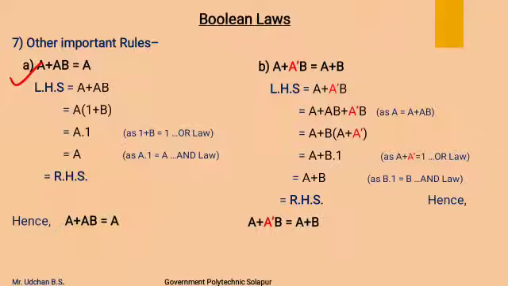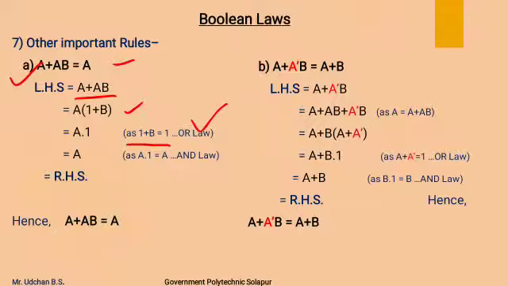We will prove this equation. The left hand side is taken over here as A plus AB. Now, from that A is taken common, and inside the bracket 1 plus B is written. Now 1 plus B will give you 1 as per OR law.